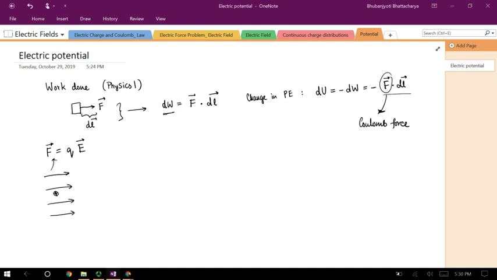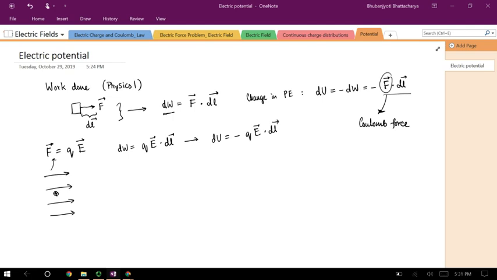How much work is done if this charge, under the effect of this force, moves by a displacement dl? The work done will be Q times E dot dl, and hence the change in potential energy would be dU equals negative Q times E dot dl.